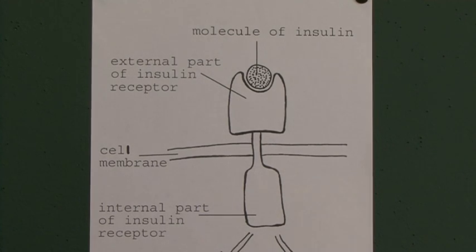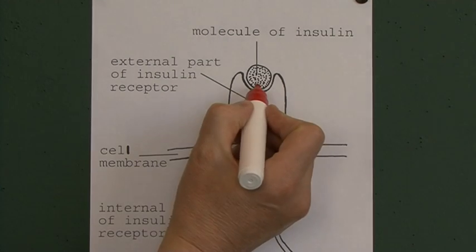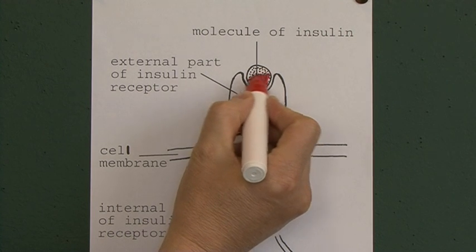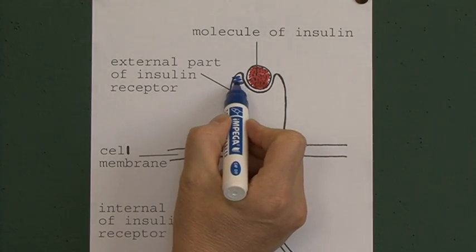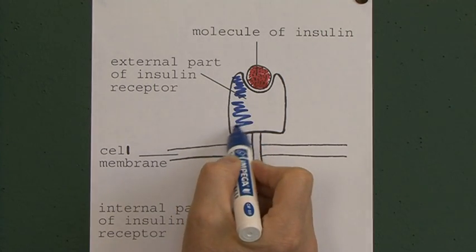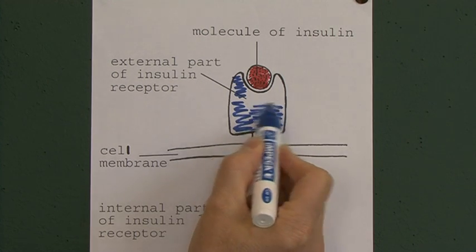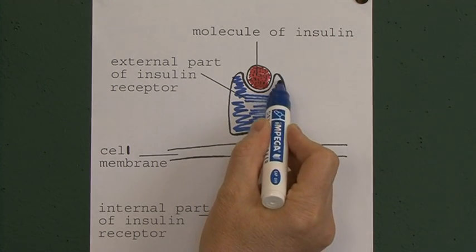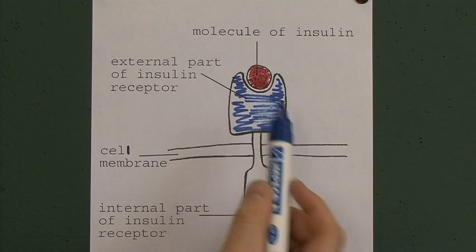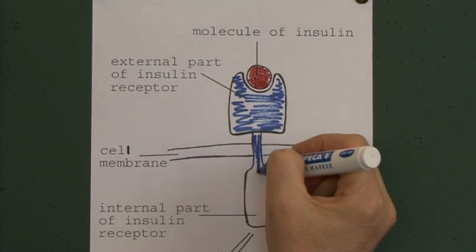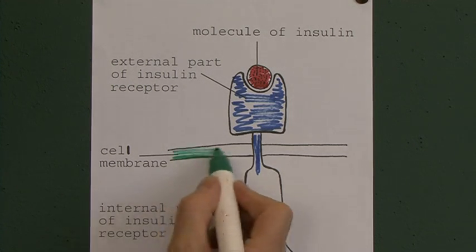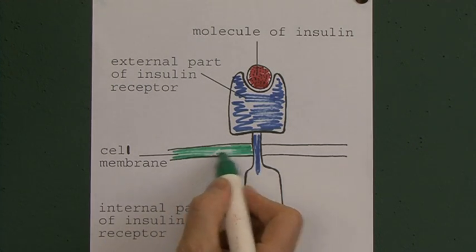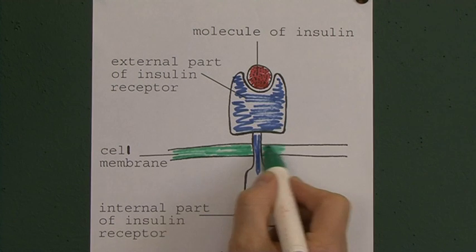So this diagram shows an insulin molecule here, and the insulin molecule has bound to the insulin receptor molecule. So here we see the insulin receptor molecule, and we know that it's in two parts. This is the external part of the insulin receptor molecule, because here we have the cell membrane, the phospholipid bilayer of the cell membrane.